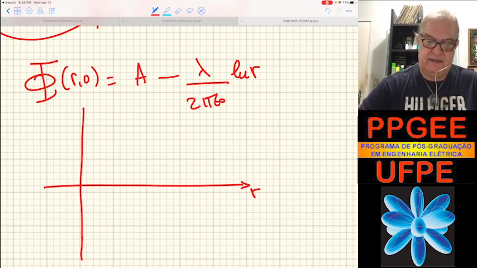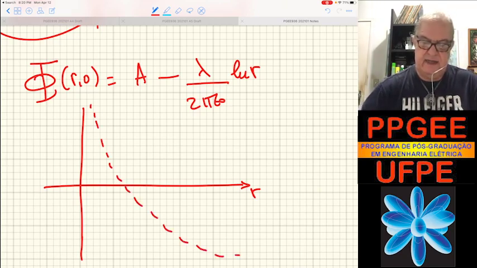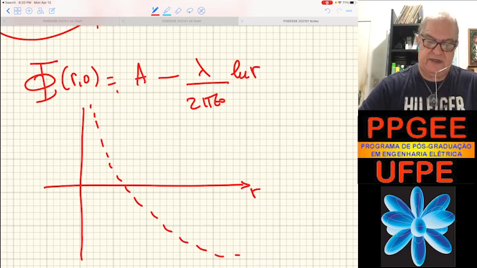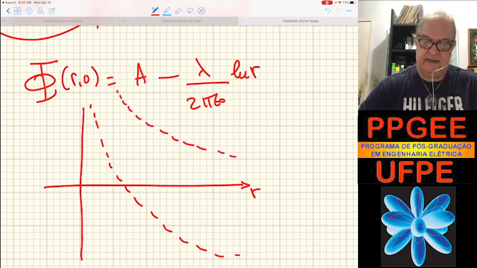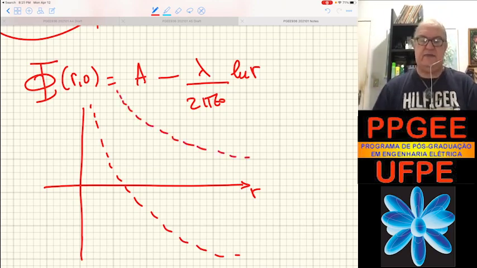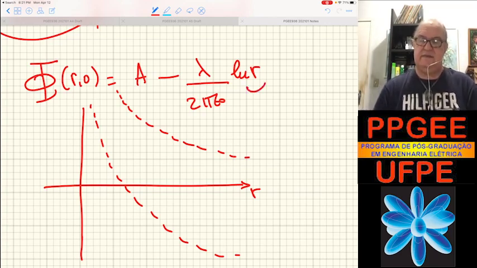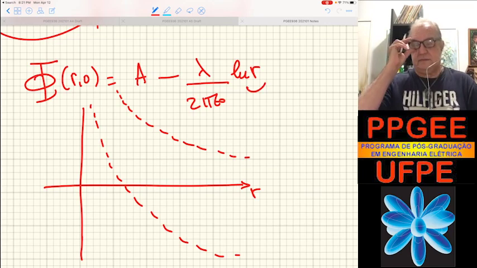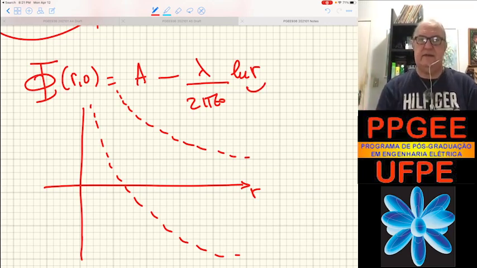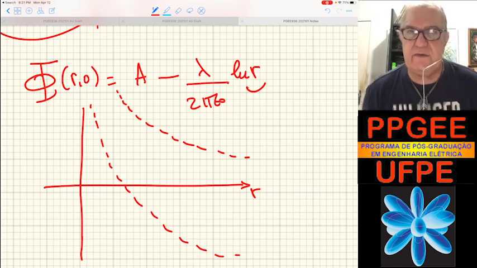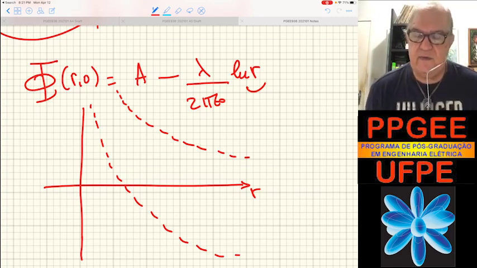The log function is something like this. The minus log function is something like that. Plus a large number, it's going to be shifted like this. Okay? That's the way the potential behaves. It's going to go to infinity at r equals 0, right? But that's the behavior, and from this behavior, I can determine the E field in the radial distance.